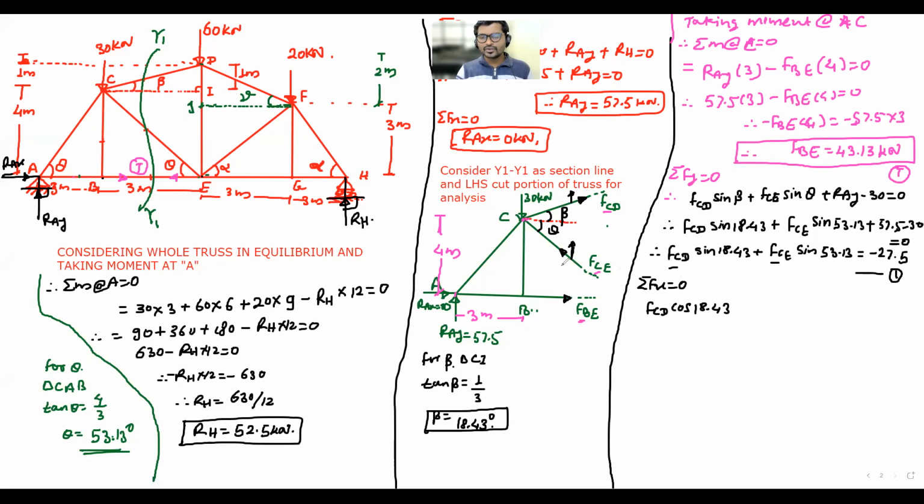Component of CE going to the left hand side, so negative, so minus FCE cos of theta, that is 53.13. Then BE, right or left? Right, so positive. There is no use of RX, it is zero, that is equals to 0.